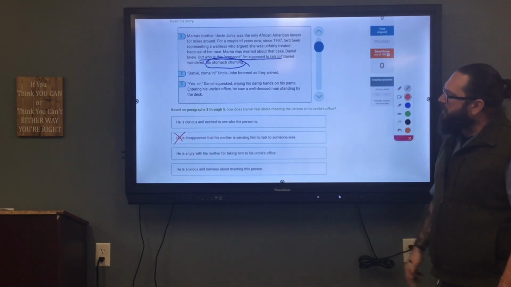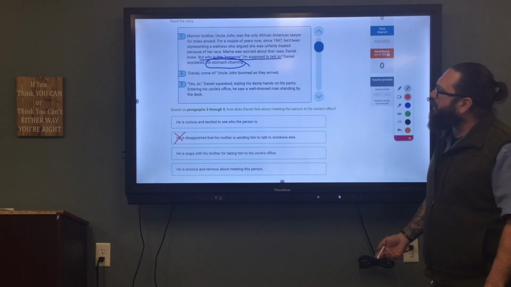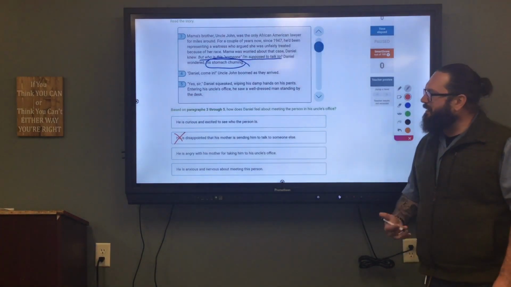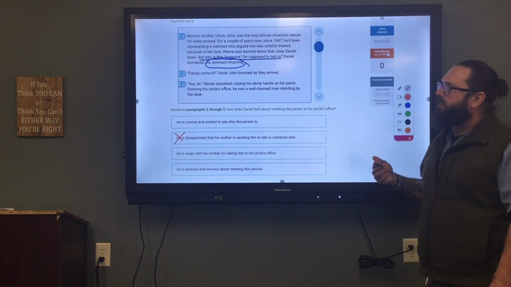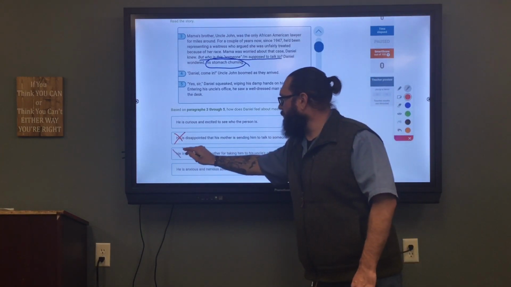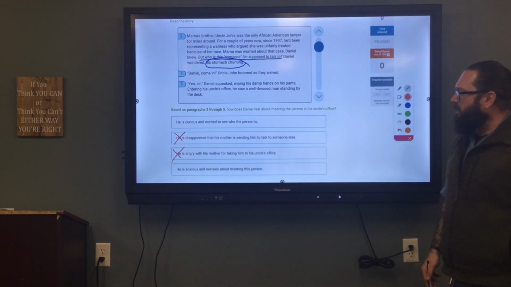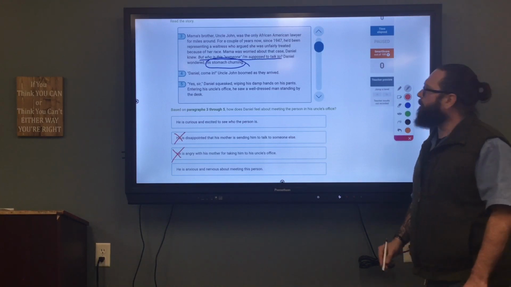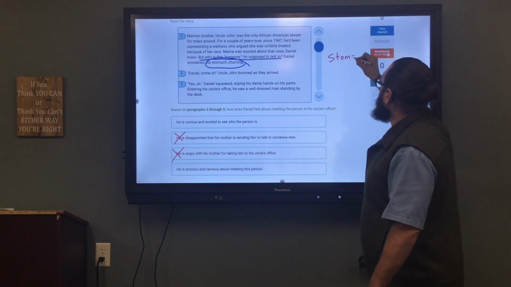The next one, he is angry with his mother for taking him to his uncle's office. Again, what in the text gives us the idea that he is angry? None of his actions seem to indicate anger. So we can rule this option out as well. He is anxious and nervous about meeting this person. So we need to ask ourselves, why is his stomach churning?